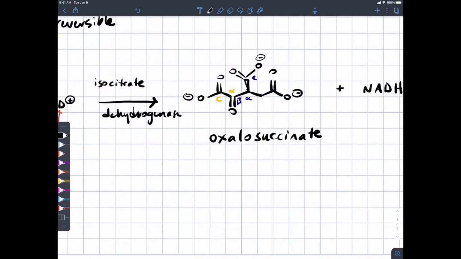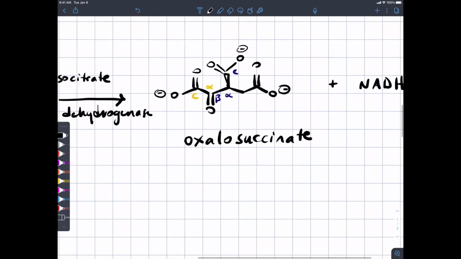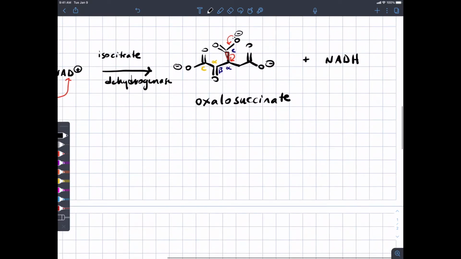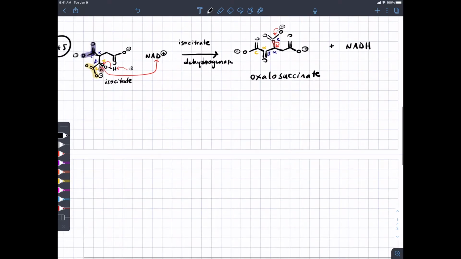In fact, as soon as we make the beta keto acid, we get this decarboxylation step. Electrons kick down to make CO2, and then the electrons in this bond go to the alpha carbon where they are stabilized by resonance.